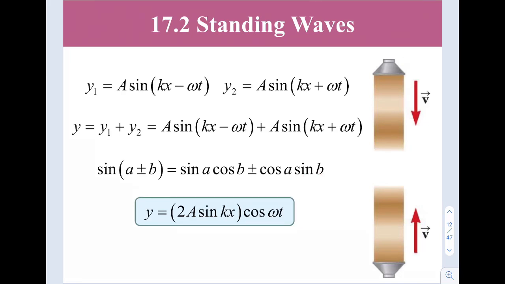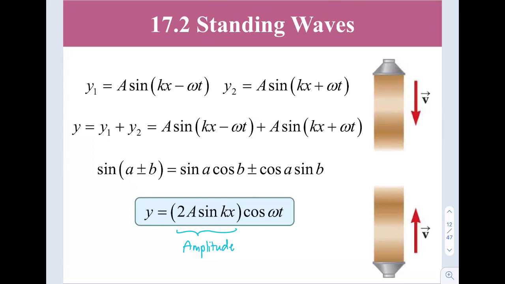So when you substitute this into this equation, the resultant y, the combination wave, is equivalent to 2a sin kx cos omega t. So here, again, is your amplitude, right? This is amplitude, particularly for this position.